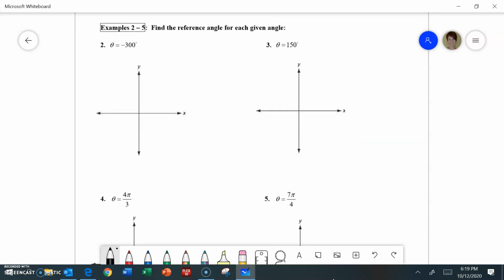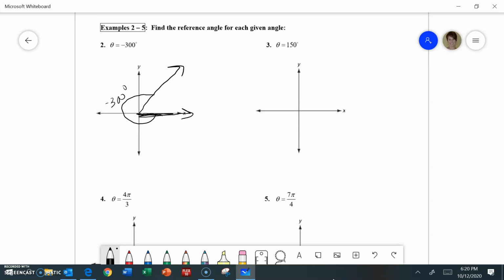So for example 2, we're going to find the reference angle of a negative 300 degree angle. What I always like to have you do is, first of all, draw what negative 300 would look like. So here's our initial side, and we would rotate this counterclockwise to 300 degrees. So here is your negative 300 degree angle.